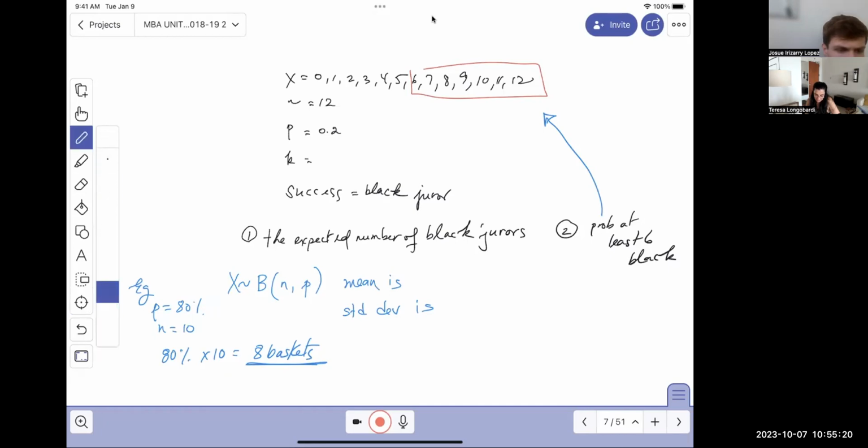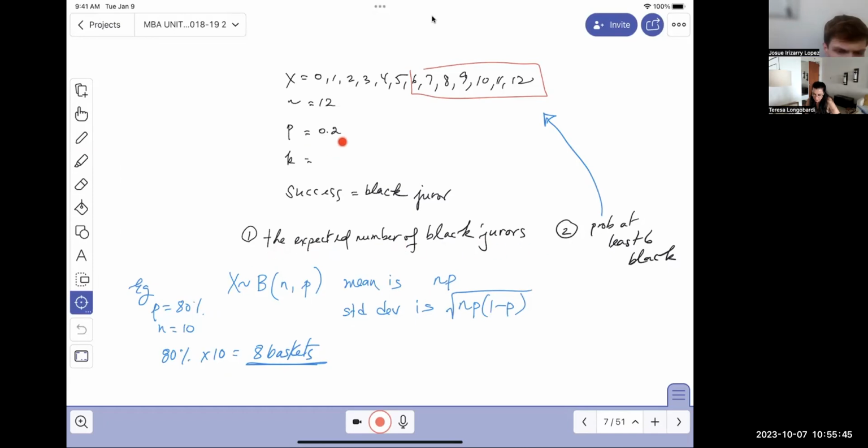So the rule is that the mean is just N times P. And the standard deviation, I actually solve it, is the square root of n times p times 1 minus p. Those are the formulas that you need to know. So now you can answer the question: what's the expected number of black jurors?